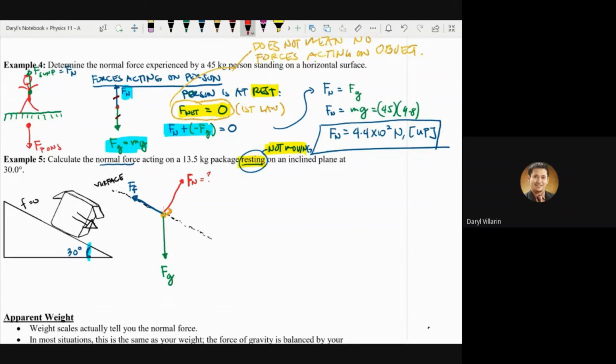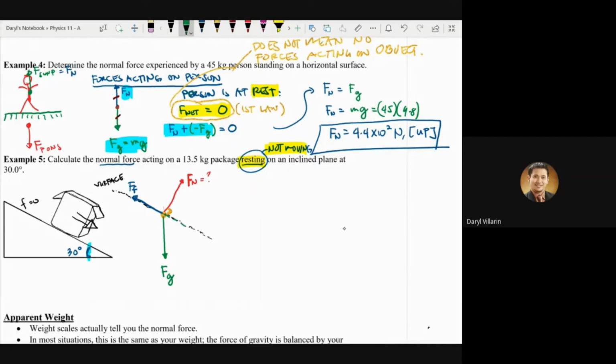However, if you also tilt your coordinate system, in terms of parallel and perpendicular to the surface, you can create two components of your weight.